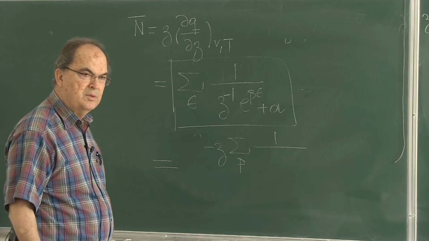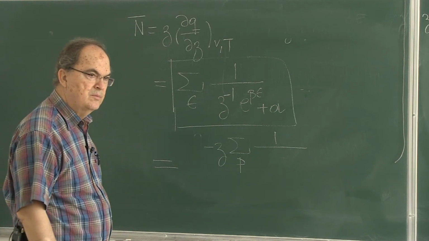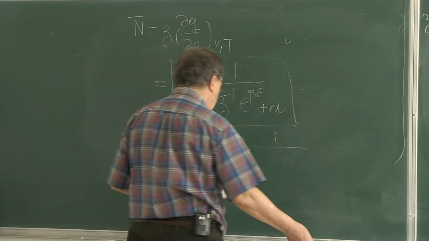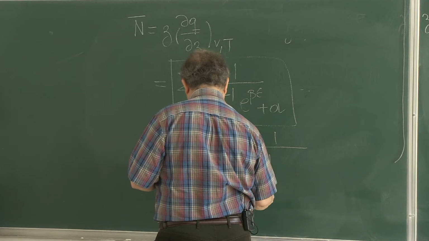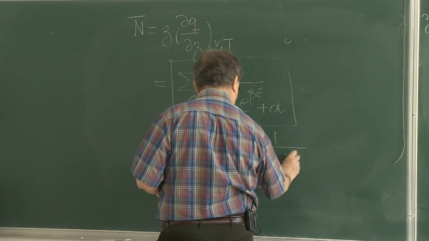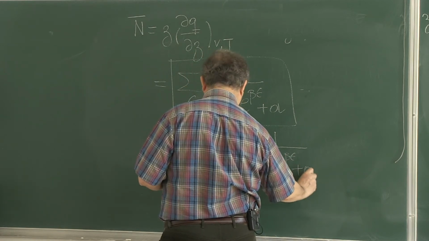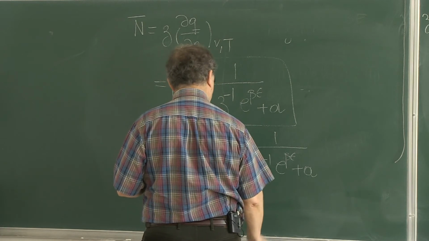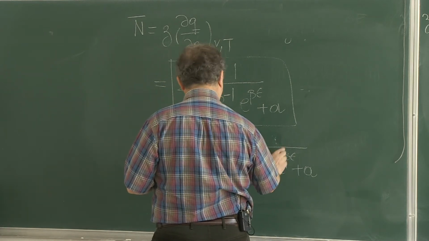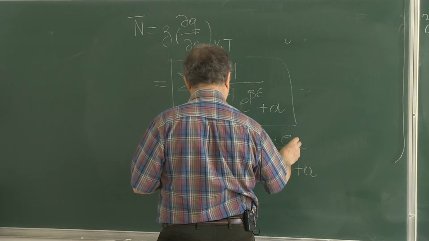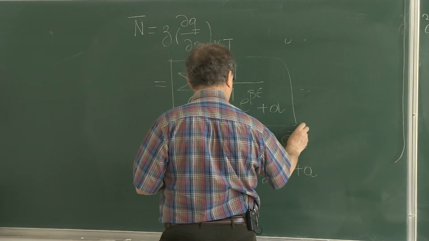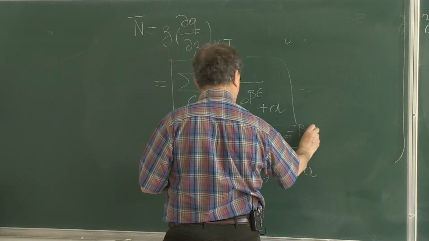Then the quantum number is the momentum, or wave number, whatever. Z to the minus 1, e to the beta epsilon plus A, times minus e to the minus beta epsilon P.